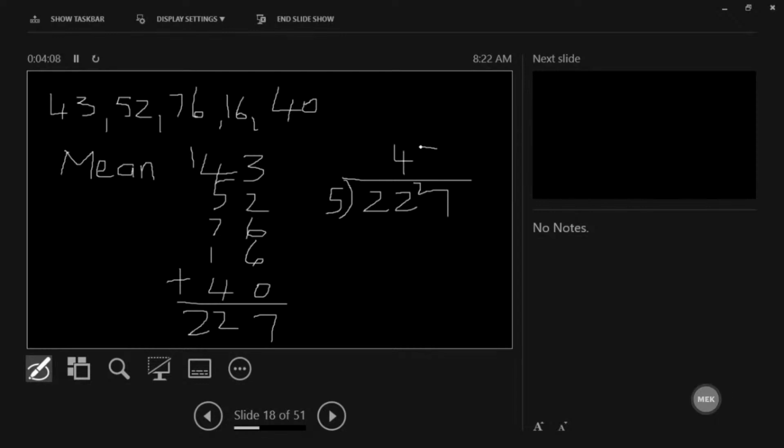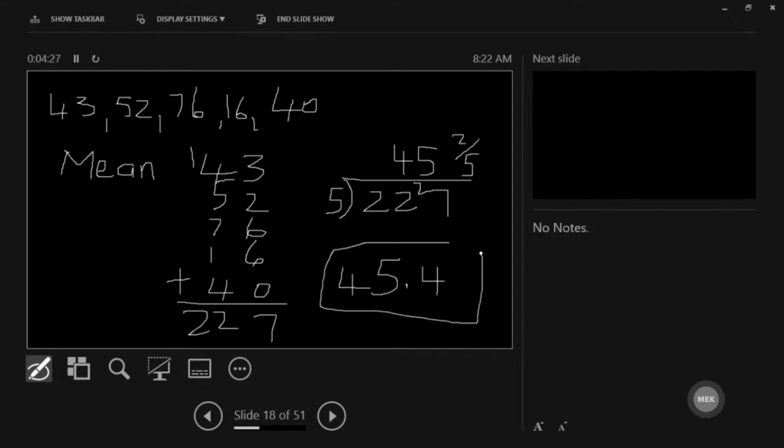And 5 into 27, 5 times. Remainder 2. So the mean or average would be 45 and 2/5, or 45.4. That would be the mean.